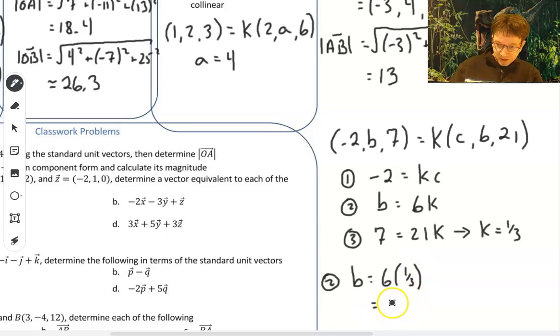So b is going to be 2. And then we can also go back to equation 1 to say, okay, -2 is going to equal k, which is 1/3, times c. So multiply both sides by 3, and we'll get c equal to -6. So if b equals 2 and c equals -6, then those two vectors are collinear.